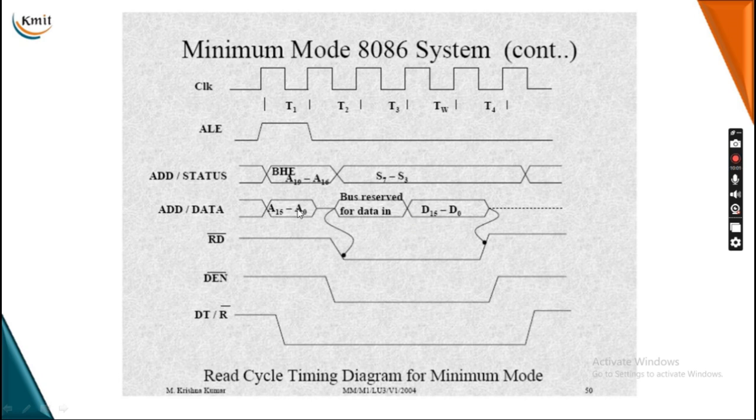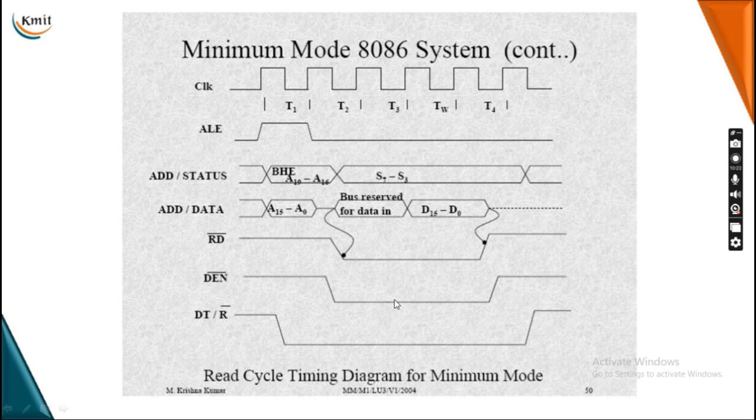You can see here A15 to A0, then this bus is reserved for the data in as your read bar is low. When read bar is low, it is enabled, so the bus is reserved for your data.